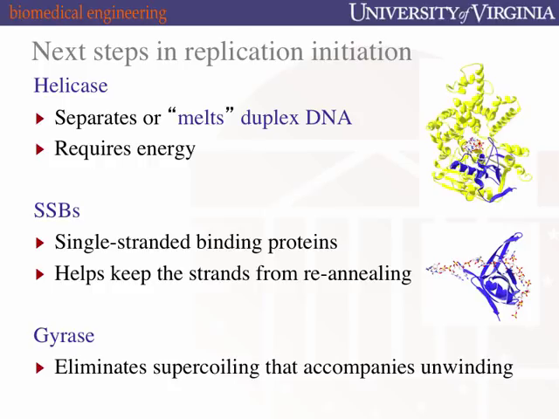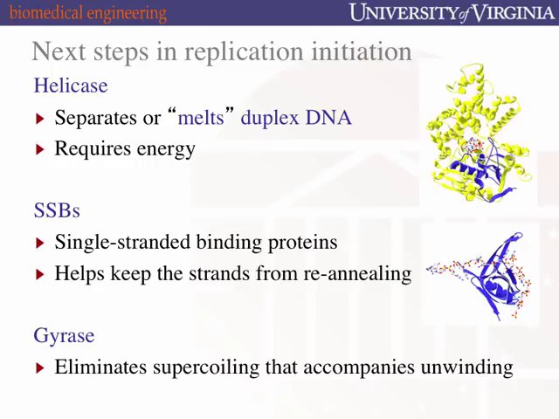And then the last thing that you need, and this is where all of my props behind here are going to come into play, is one more enzyme to resolve a topological problem of DNA replication caused by the separation of a double-stranded right-handed helix. These things are coiled around one another, and if you take the two strands and separate them, you're supercoiling the two strands on the other end as you're pulling them apart.